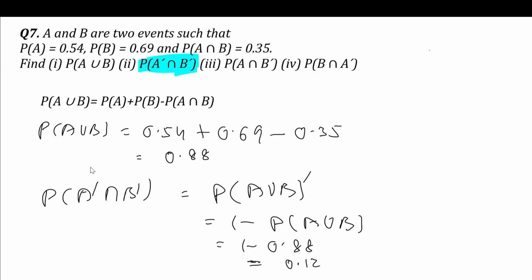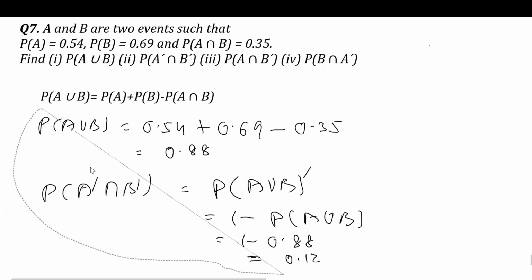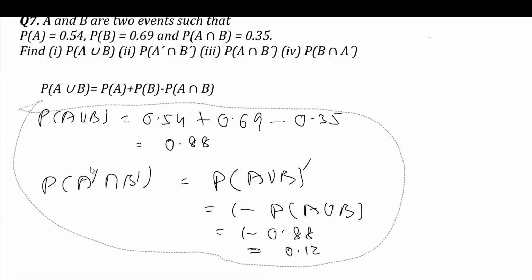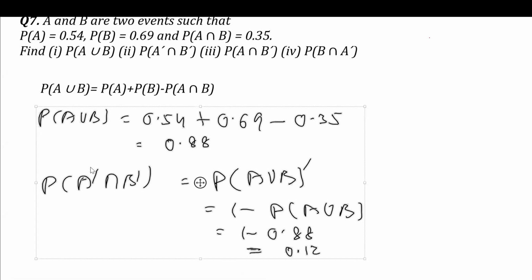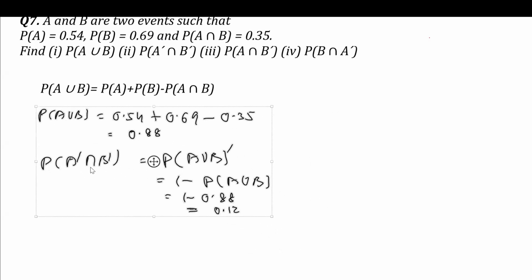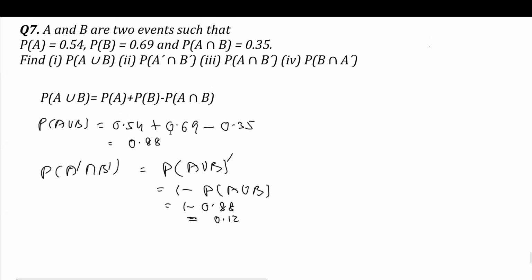Right. We got these two. Now we have more. Let's see the next part. In the next part, we have to find A intersection B naught. That can be understood better with a Venn diagram. Let me use a Venn diagram.